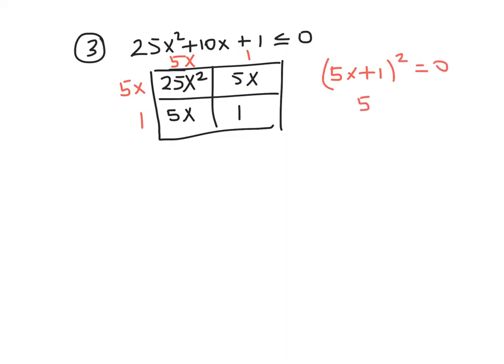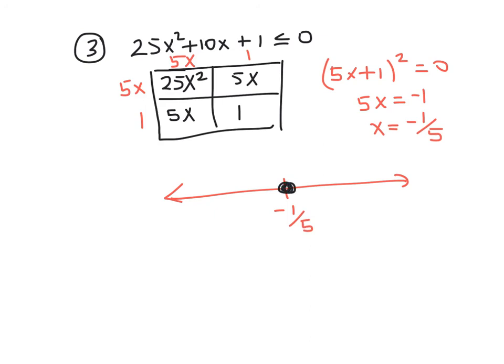What does that mean? 5x equals negative 1, and x equals negative 1 over 5. Here we get one solution, and we could do testing here. This is negative 1 over 5, and remember this is included, since it's less than or equal to. So the answer is x equals negative 1/5.